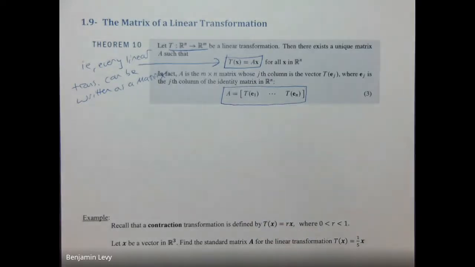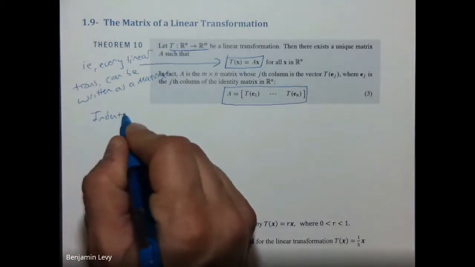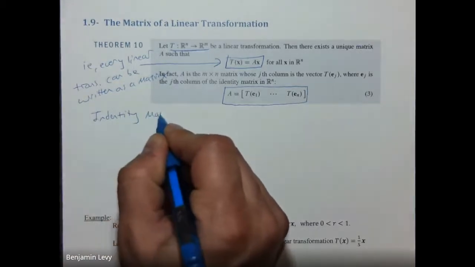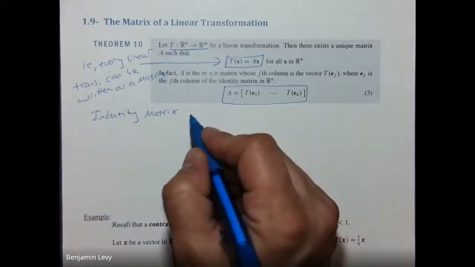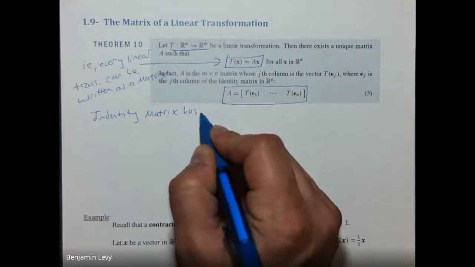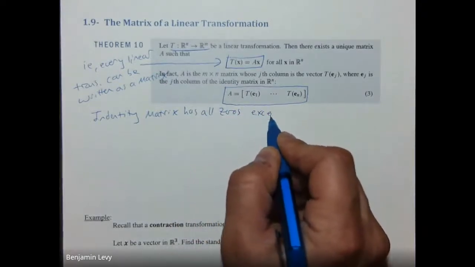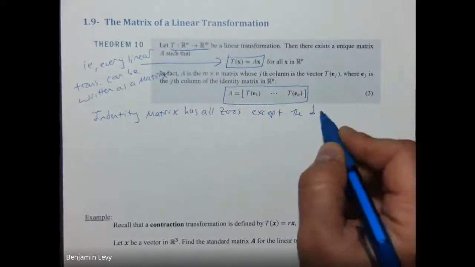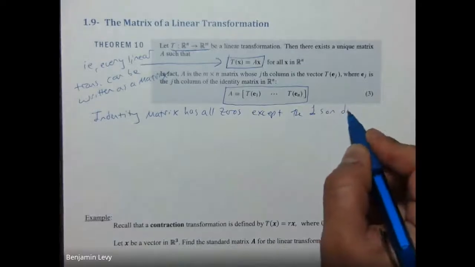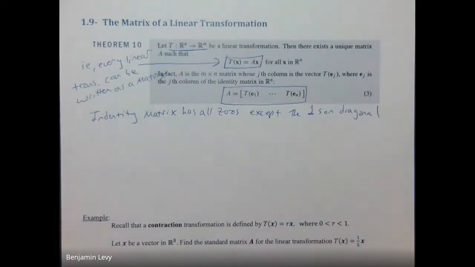We learned this in a previous section. The identity matrix is the matrix that has all zeros in it except for ones along the diagonal.